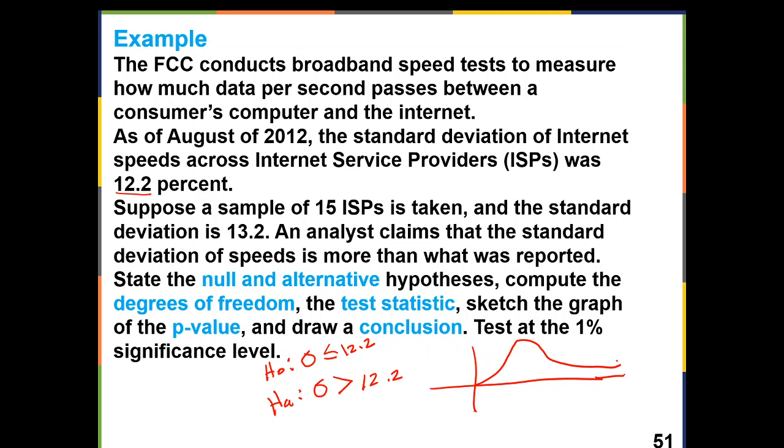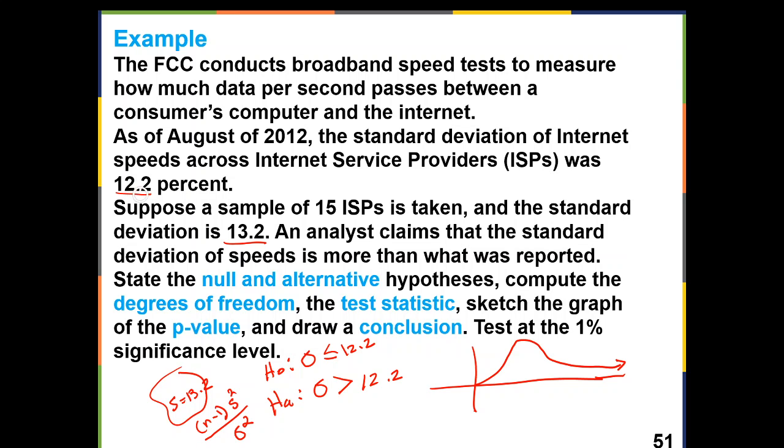So the way it works is, we're going to take this number that comes from the sample. That's our S, not S squared. So remember our formula: n minus 1 times S squared over sigma squared.